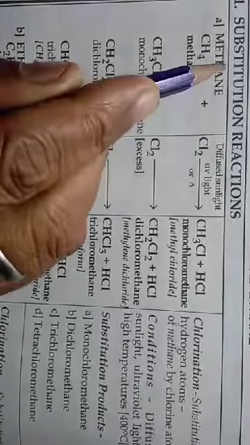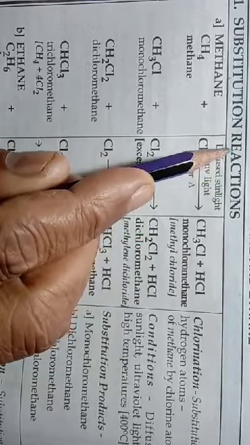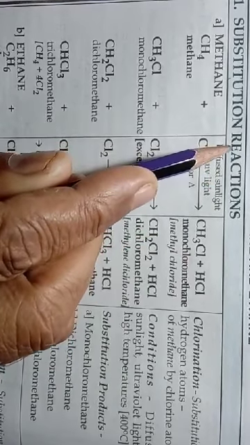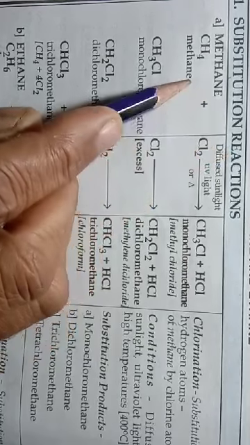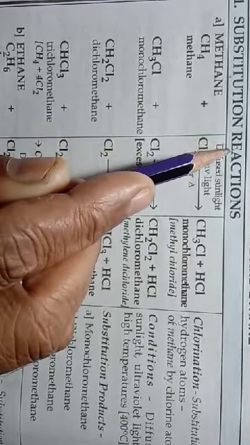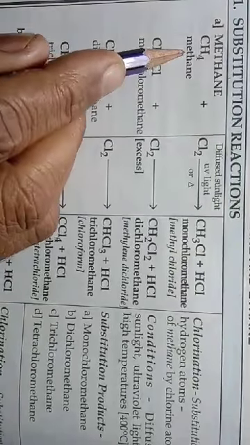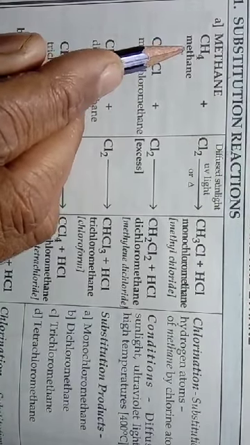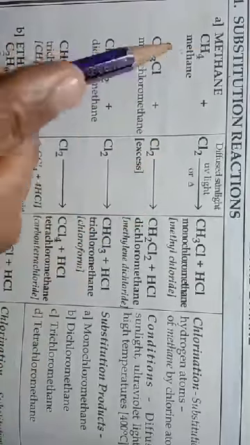Next, chemical properties of methane and ethane. First is substitution reactions. These are reactions in which a hydrogen atom or atoms are displaced by an incoming reagent. Such reactions of alkanes are known as substitution reactions. For example, first is substitution with chlorine.